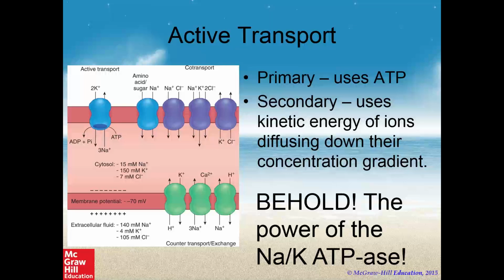And then there is antiport, A-N-T-I-P-O-R-T. Antiport means that the substances are moving in the opposite direction. So in this case, as potassium leaves the cell, it allows you to pump hydrogen ion into the cell in this exchange mechanism. So this is called a countertransporter or an anti-transporter or an exchanger.